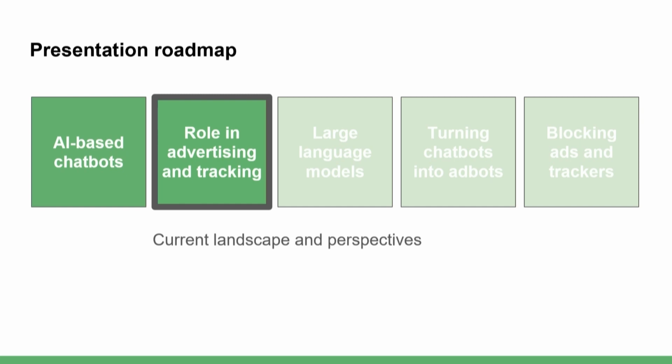To answer this question, let's examine AI-based chatbots in advertising and tracking. Unlike early chatbots, they require noticeably less programming and training because they chat like humans right out of the box. So just with a few instructions, they can be turned quite easily and quickly into sales agents.